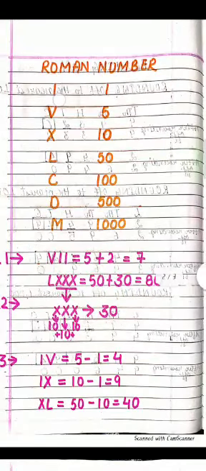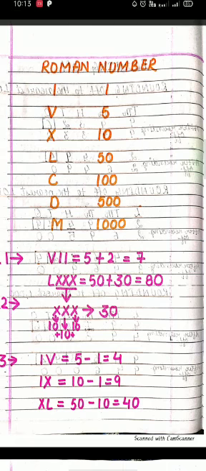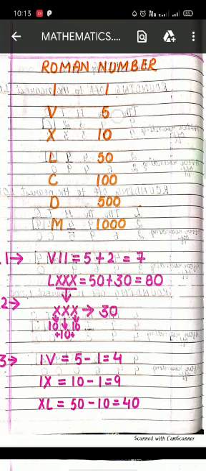So I in English is written as 1 in Roman number. V in Roman number is written as 5. X is 10. L is 50. C is 100. D is 500. M is 1000.